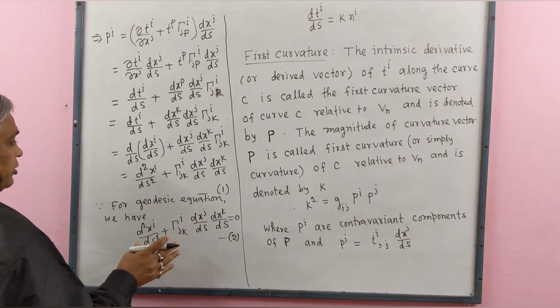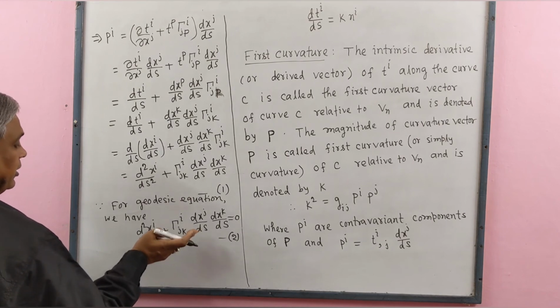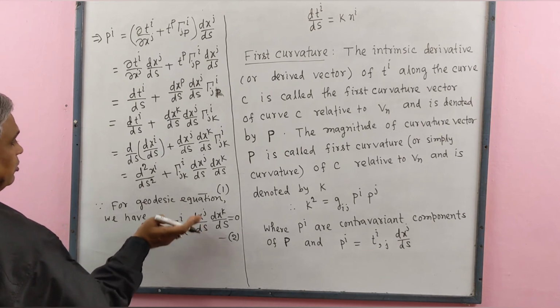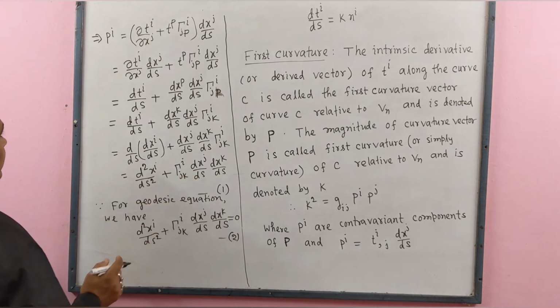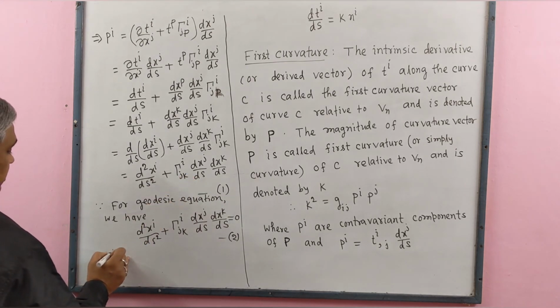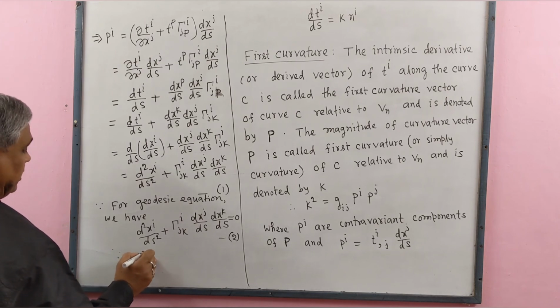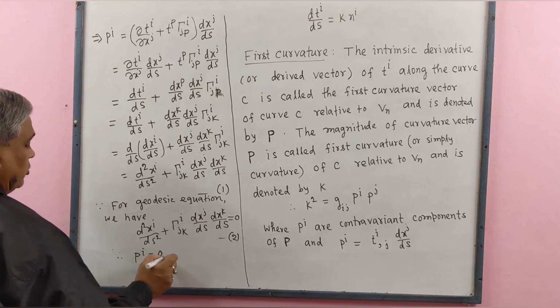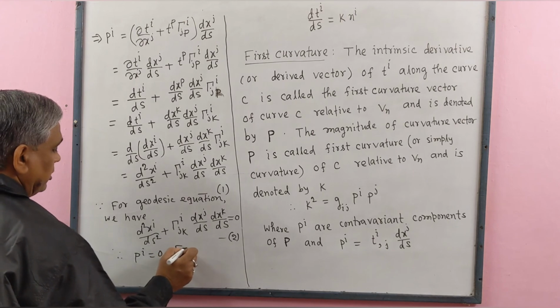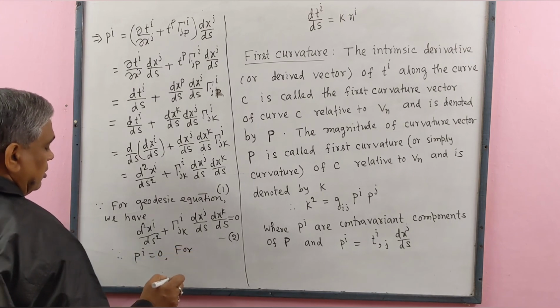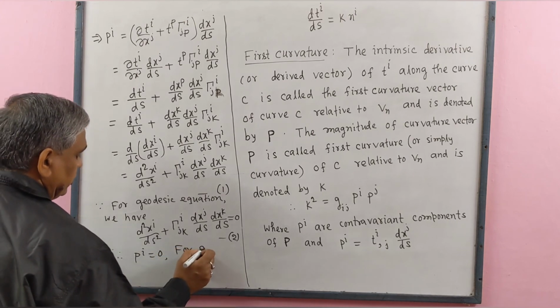For the case of geodesic, if we put this value in right side of 1, then we get Pi equal to 0 for geodesic curve.